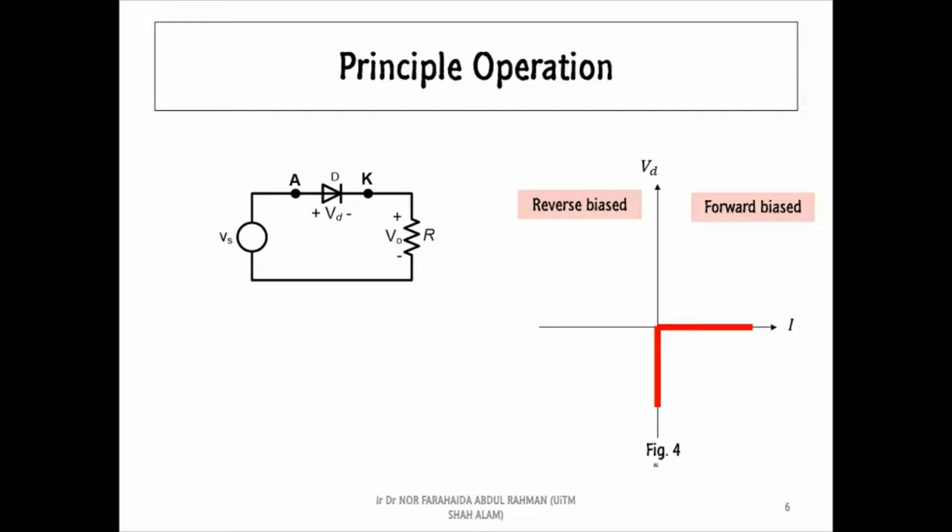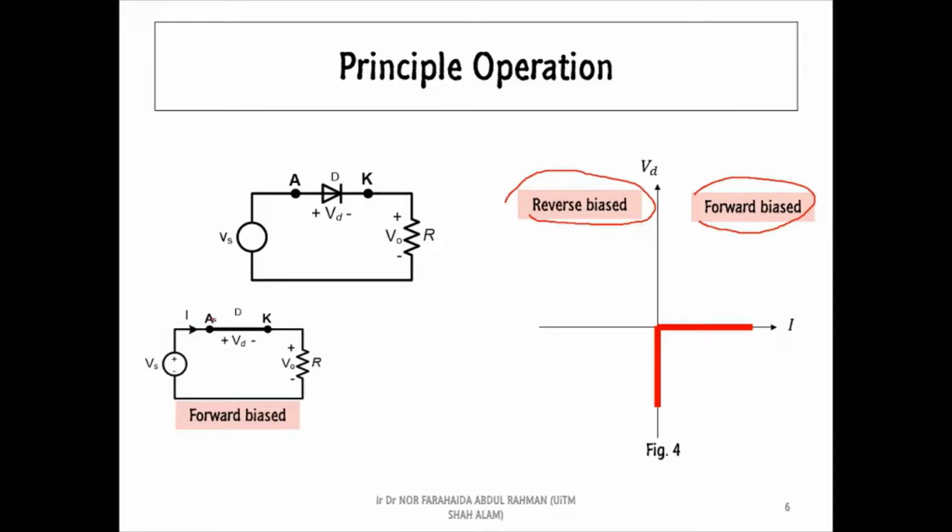Figure 4 shows voltage and current waveforms of an ideal diode. Based on the figure, we can see that the diode can work in 2 operating conditions, forward bias and reverse bias. These 2 operating conditions depend on the current flow towards the diode.